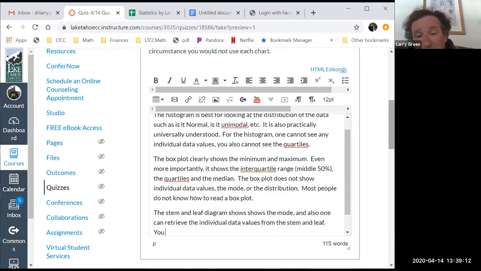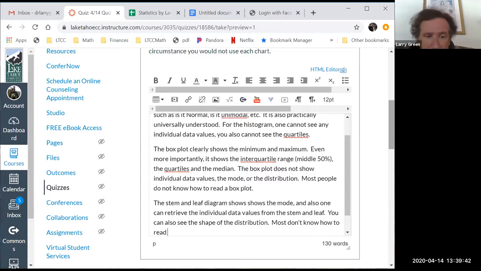You can also see the shape of the distribution, because it really is a histogram. It's a special kind of histogram. Okay, what are the limitations of a stem and leaf? Yeah, most don't know how to read a stem and leaf diagram. And it doesn't work for large data sets.